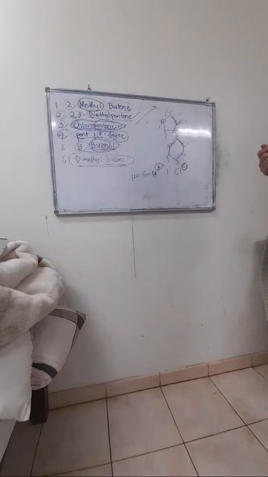So you should remember the Lewis acid and base, the Arrhenius theory of acid and base, and also the Lowry-Bronsted acid and base. If you mean Arrhenius theory, it is basic only. If you say Arrhenius theory, it will yield a positive ion in a solution, in an aqueous solution.